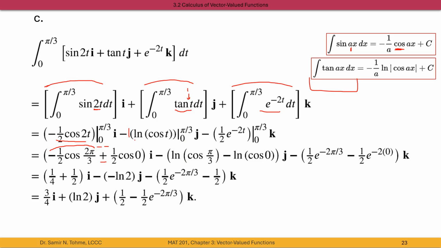Also do the same for the y component over here. Replace pi over 2 in the ln cosine pi over 2, minus, replace now 0, you will have ln cosine 0. Same thing for the z component. You evaluate, calculate, and you're gonna get the final result is this one.